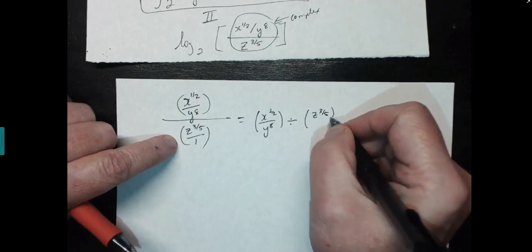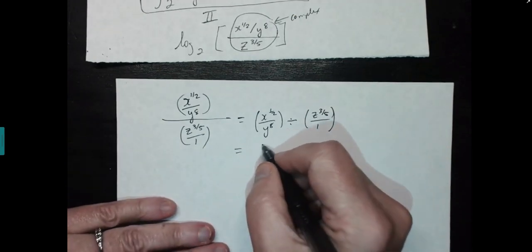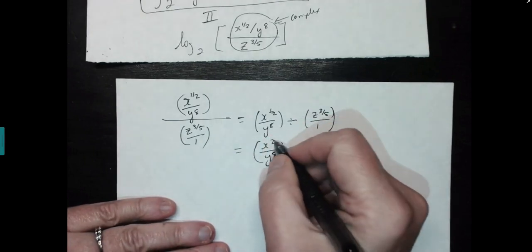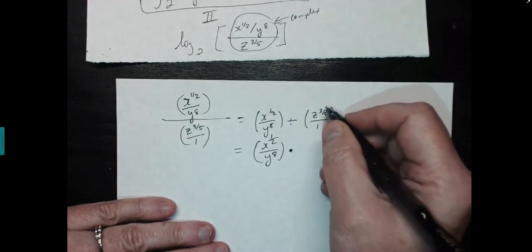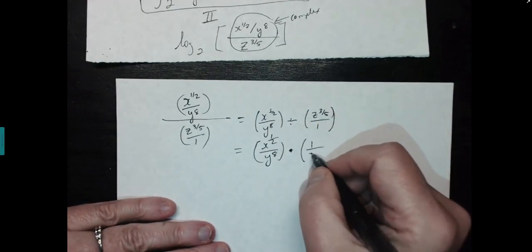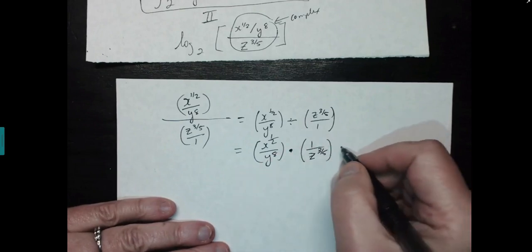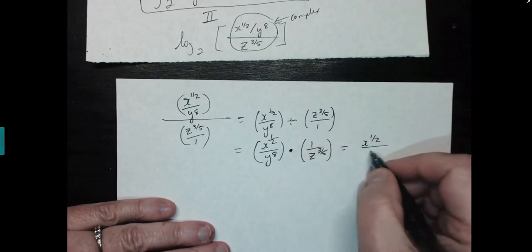Now, what's the rule when you're dividing fractions? Division becomes multiplication. You keep the first term as it is, division becomes multiplication, and then you flip that one, take the reciprocal. And of course, now that I'm multiplying fractions, I just multiply the numerators and the denominators.